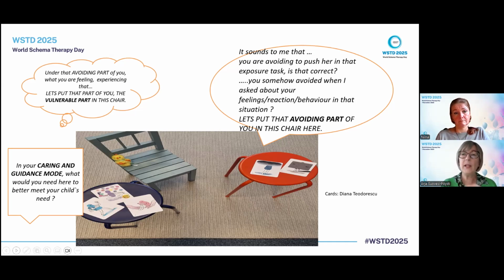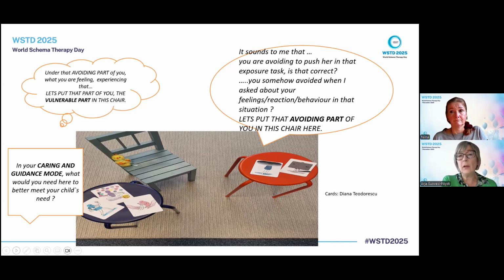And then we can use chair dialogue. We can ask the parent to sit in one chair and talk about that and meet the emotions in that chair. Then we ask the parent to sit in another chair and again meet those thoughts and emotions in that chair.